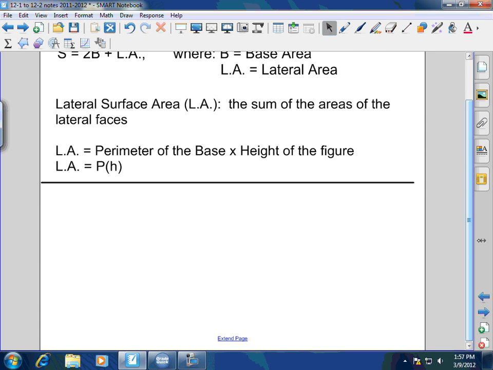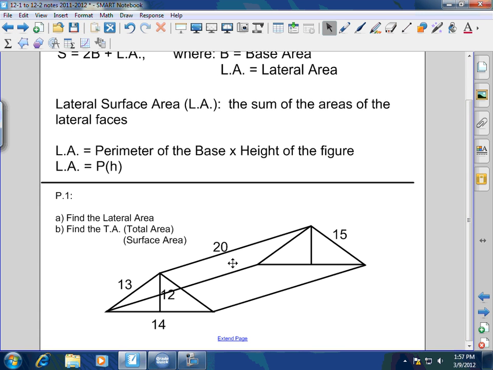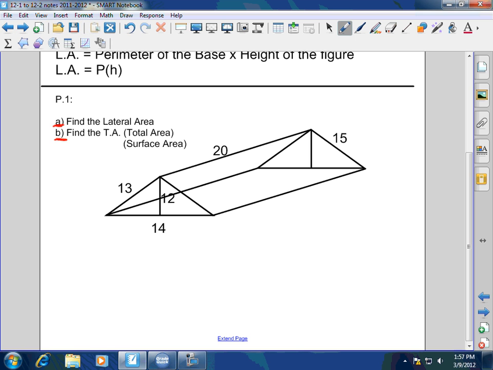For example, I want to, A, find lateral area. Then I want to find total area. Okay, so let's do this. Let's first find lateral area.